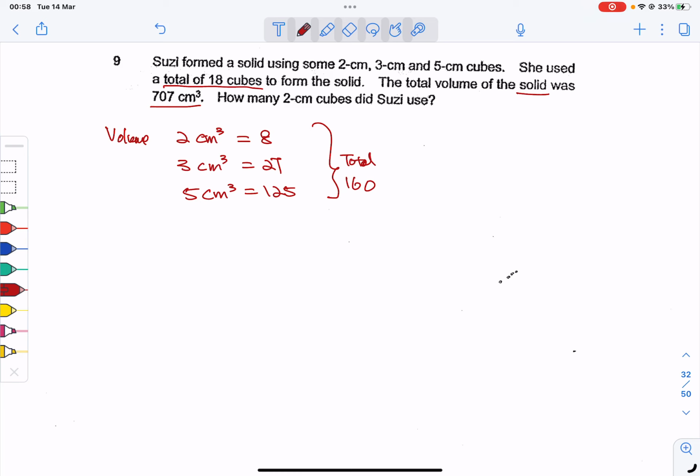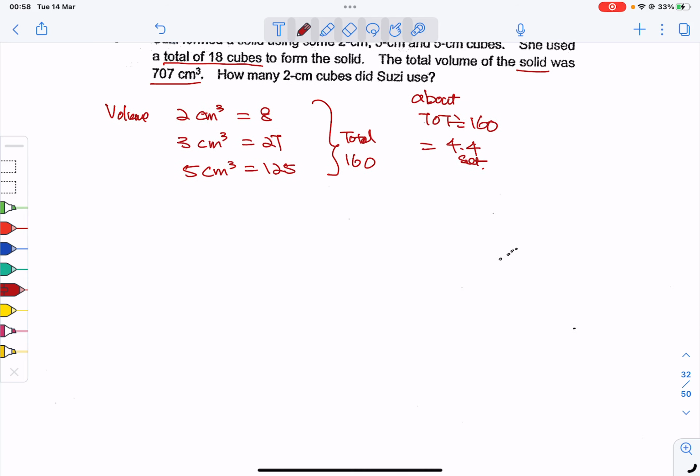So if each type I have 1 piece, I roughly will have 4.4 sets. Okay, this is about 4.4 sets. So based on this information, we'll do our guess and check.